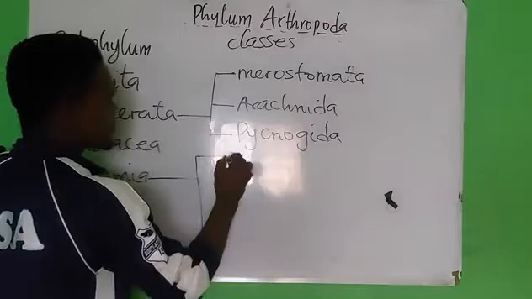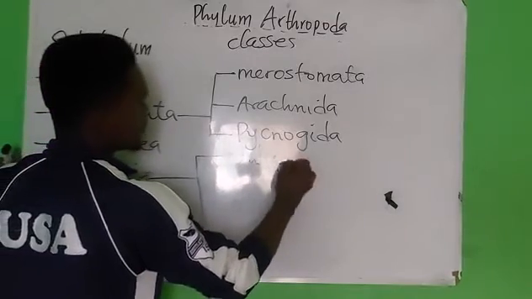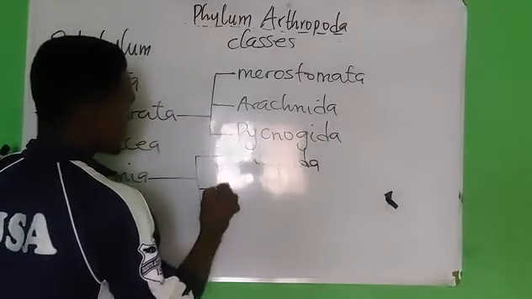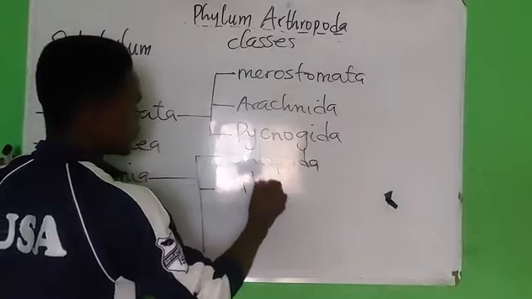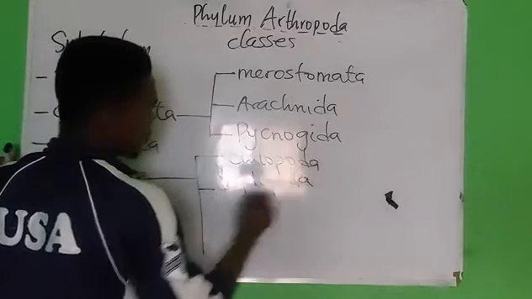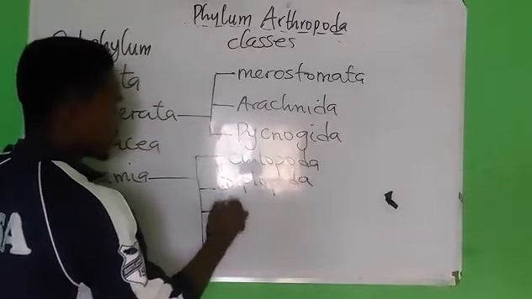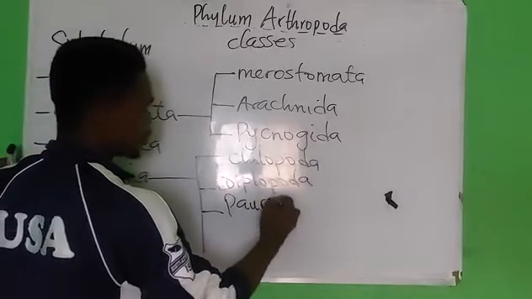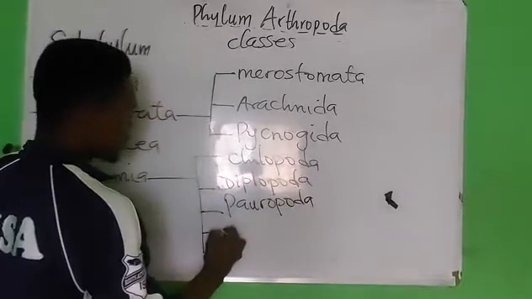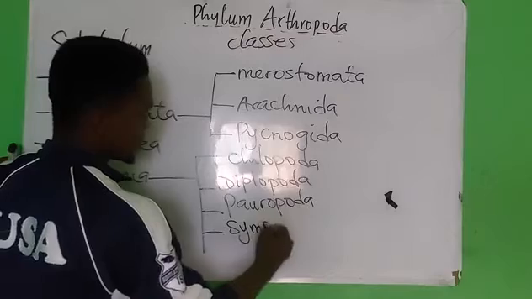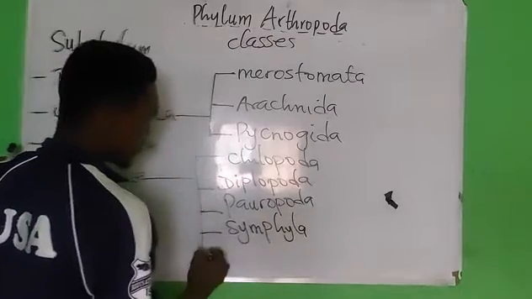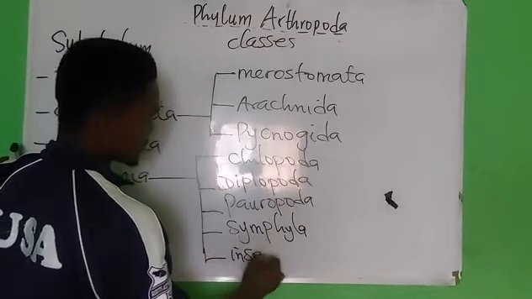We have class Chilopoda, we have class Diplopoda, we have class Pauropoda, we have class Symphyla, and we have class Insecta.